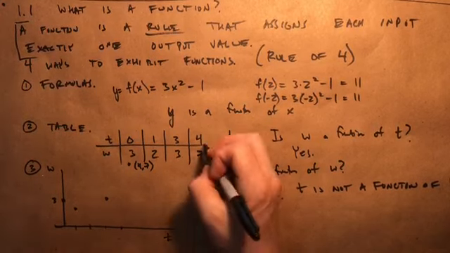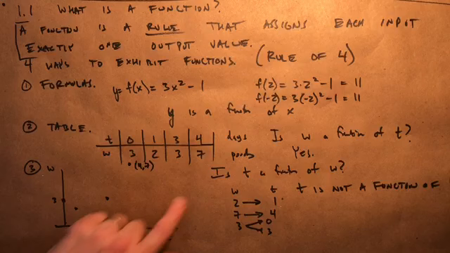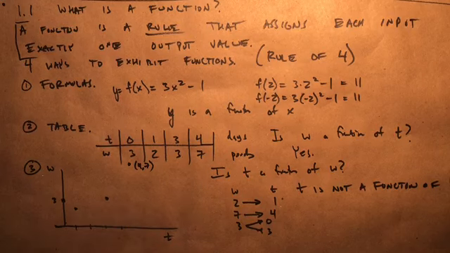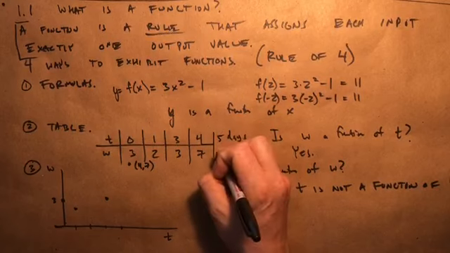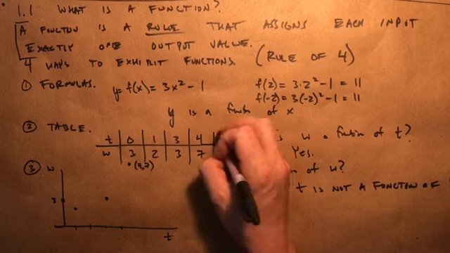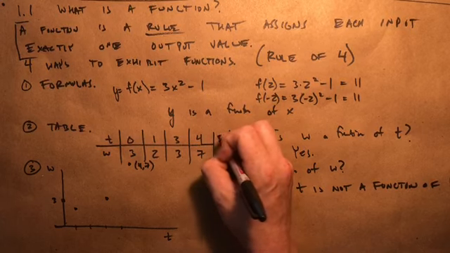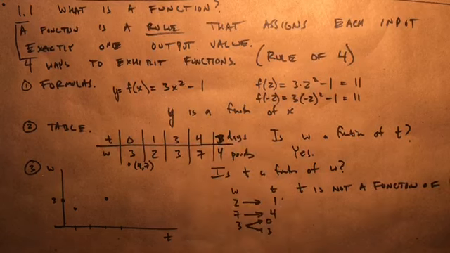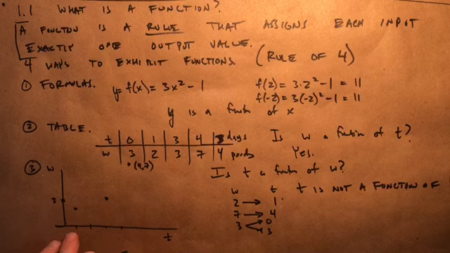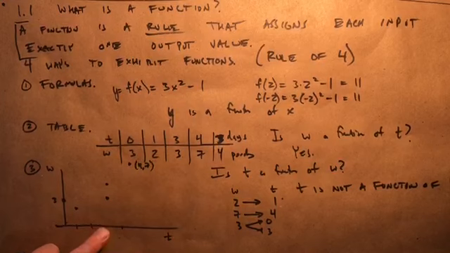Now, imagine I had an additional value on this table. Let's put in something like 3 and 4. What's going to happen graphically? If I go to 3 and I go 4 here, this is not a function anymore.